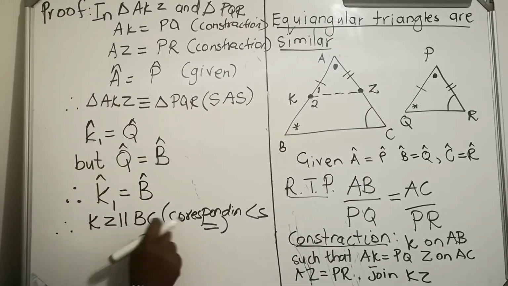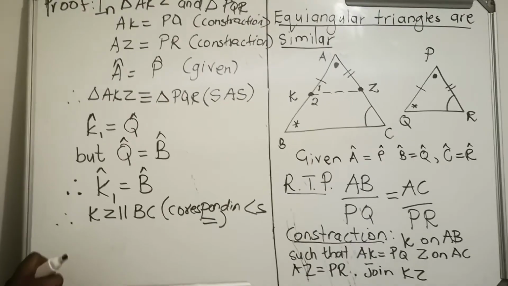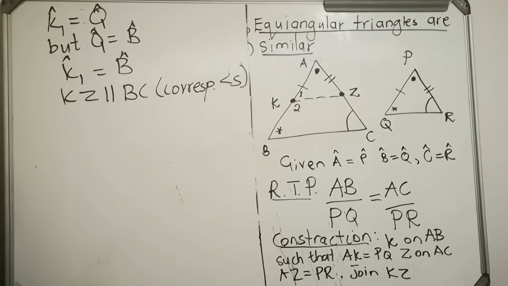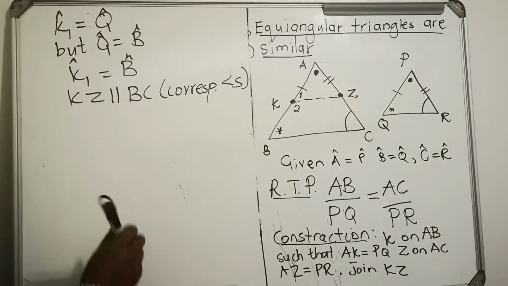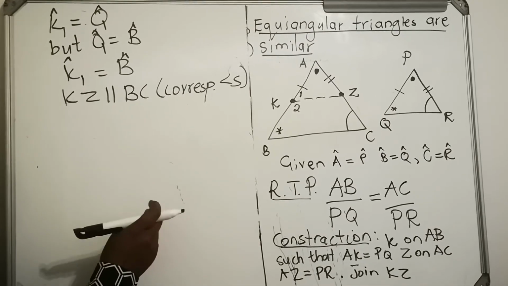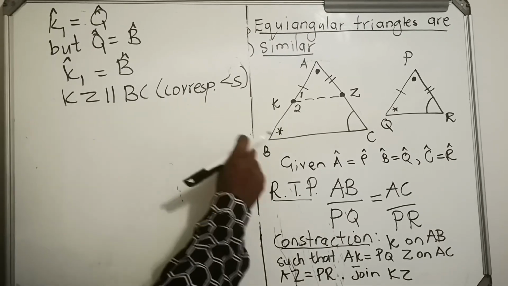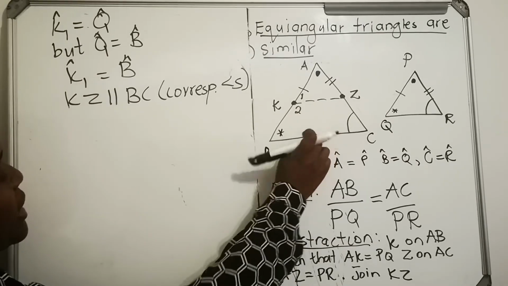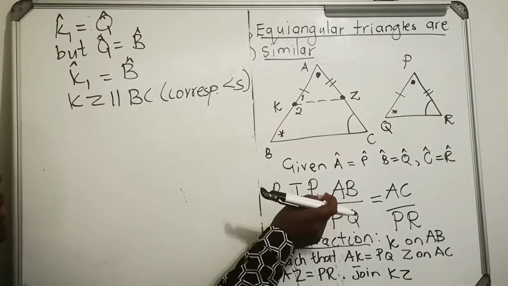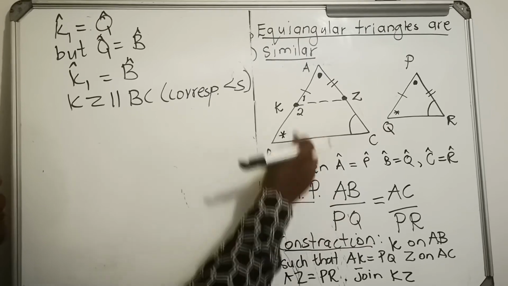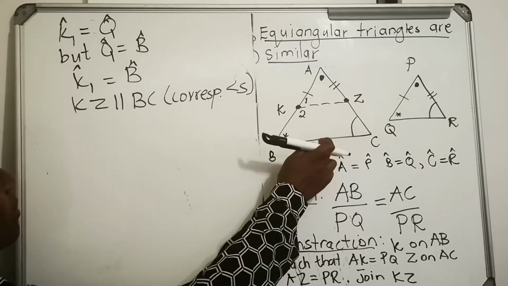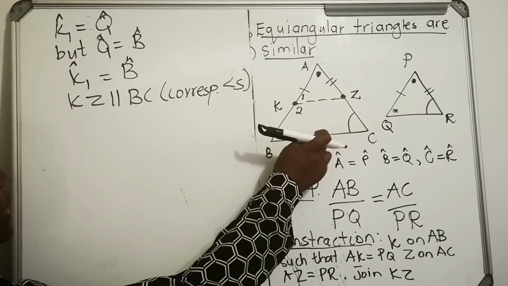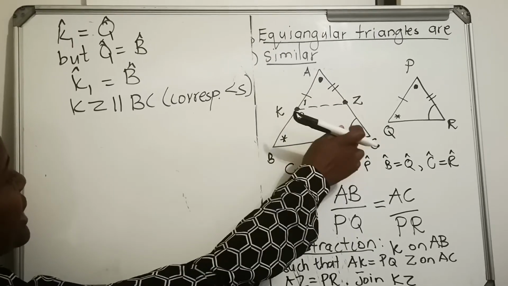Now we must look at the third part. Right, grade 12, so we're going to look at the third part. The third part, we get it from the fact that we have proven that this line is parallel to that line. So the theorem states that if you have a triangle and a line is parallel to one side of the triangle, the corresponding sides are in proportion.